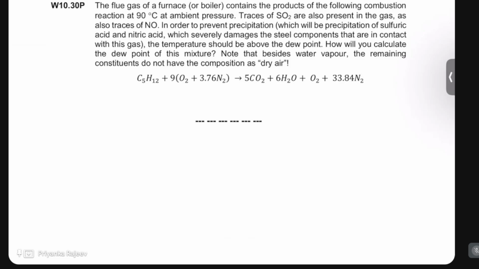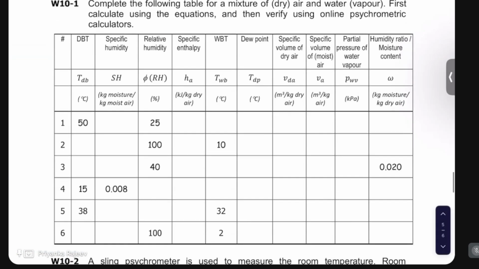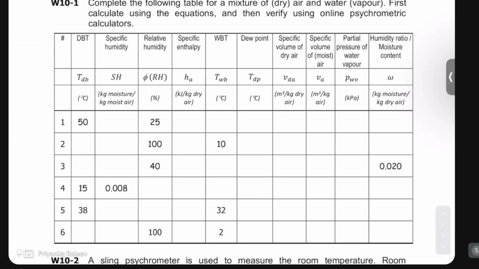Besides water vapor, the remaining constituents do not have the composition of dry air, so we need to consider the partial pressure of all condensable species. The acid dew point is higher than the water dew point, that you have to keep in mind. Then we have to calculate for different species what the dew point is and when it will condense. Then accordingly we will be calculating the dew point of the mixture. Next, this is using the table we have to do.